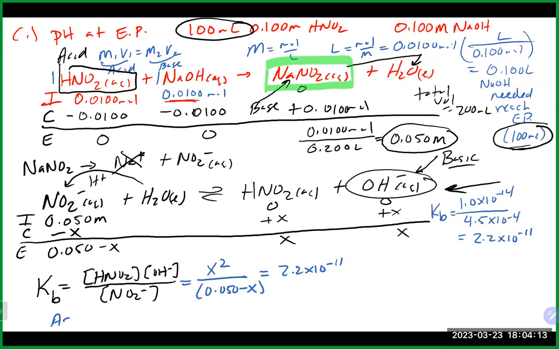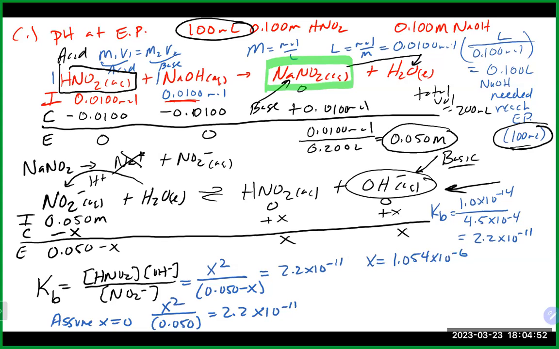I am going to assume X is equal to 0 here. That will give us X squared over 0.05 equals 2.2 times 10 to the minus 11. And that's good. I'm going to multiply that to the other side and take the square root of it. So times 0.05 and a little square root. Going to give me an X value here of, we'll call it, 1.054 times 10 to the minus 6.